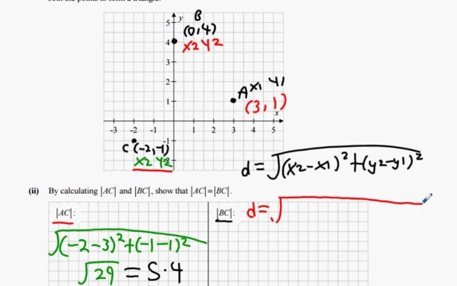Square root of x2, which is 0, minus x1, which is 3, plus y2 minus y1, 4 minus 1, squared. What do we get this time?